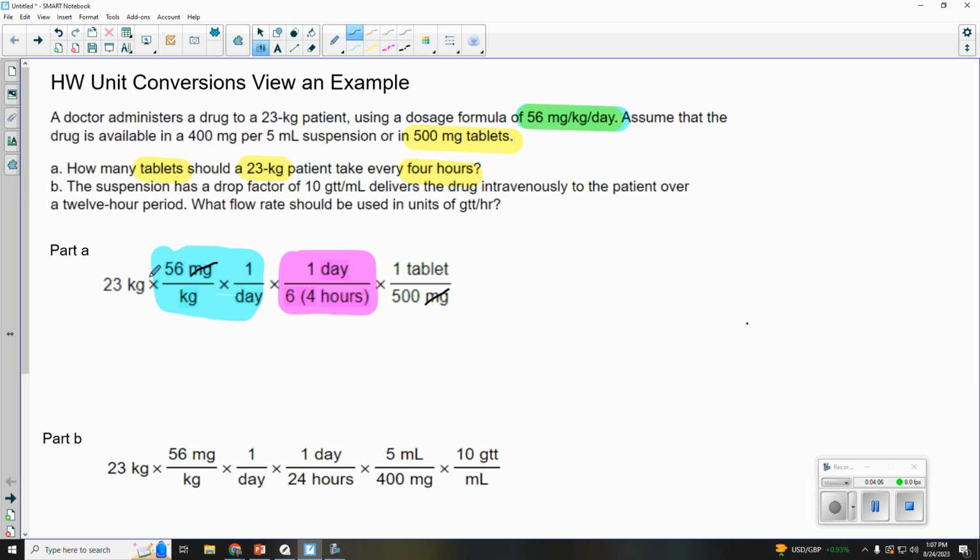Same thing here, the kilogram to kilogram. This one's on top, this one's on the bottom. Day, day. And then the only unit that is left is the tablet, because this 4 hours is just meant there to explain 1/6 of a day.